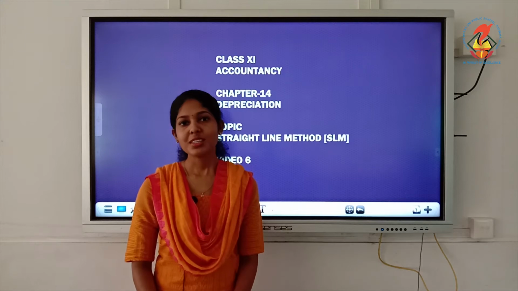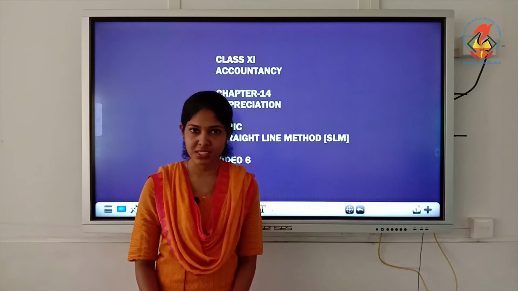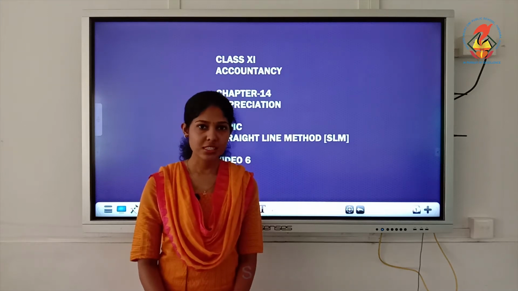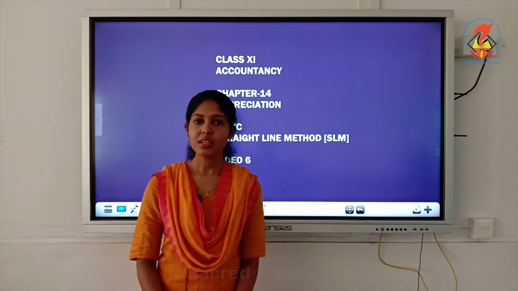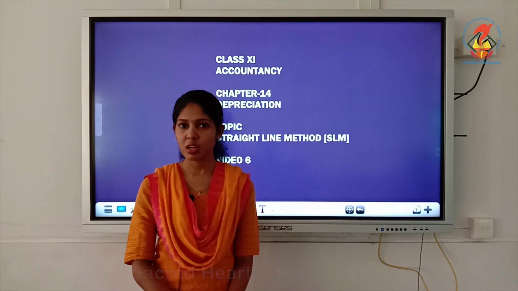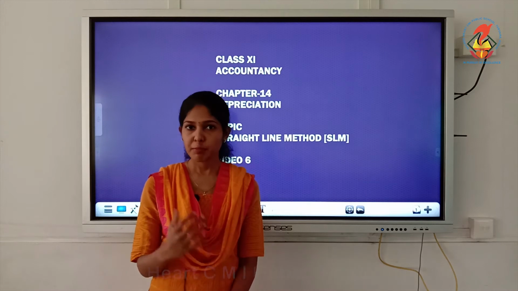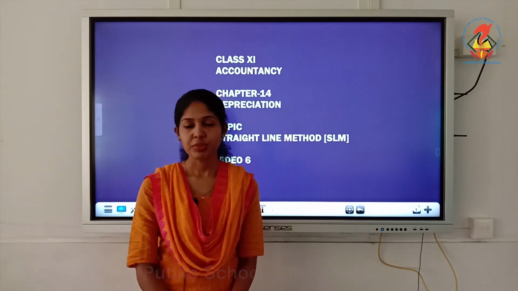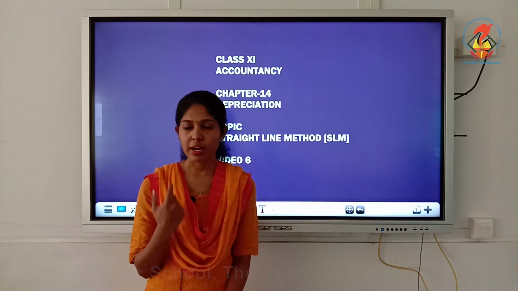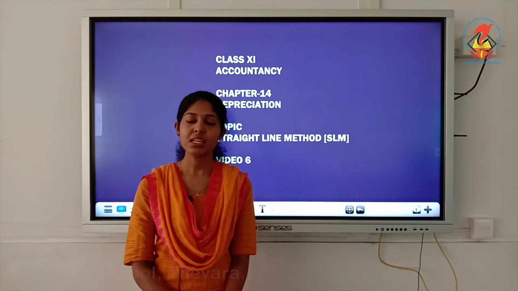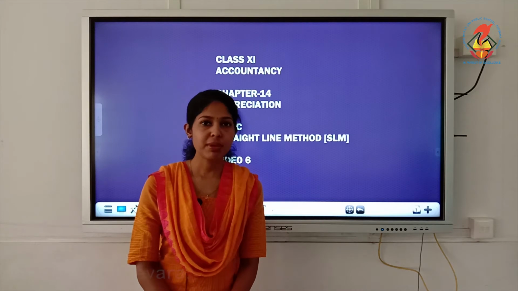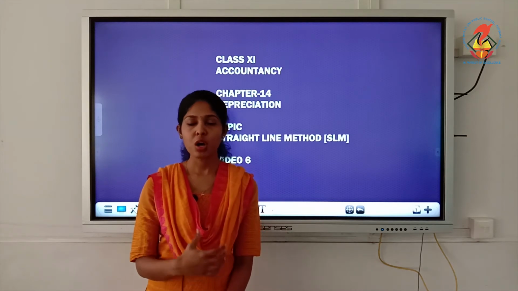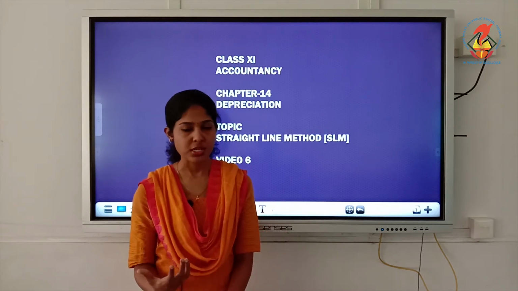We are continuing this chapter that is depreciation. Already we discussed straight line method and written down value method also. We did some problems, the basic problems we did. That time itself I had told you that we need to do one more problem under straight line where we will be getting like 1/3 of the machinery is sold.